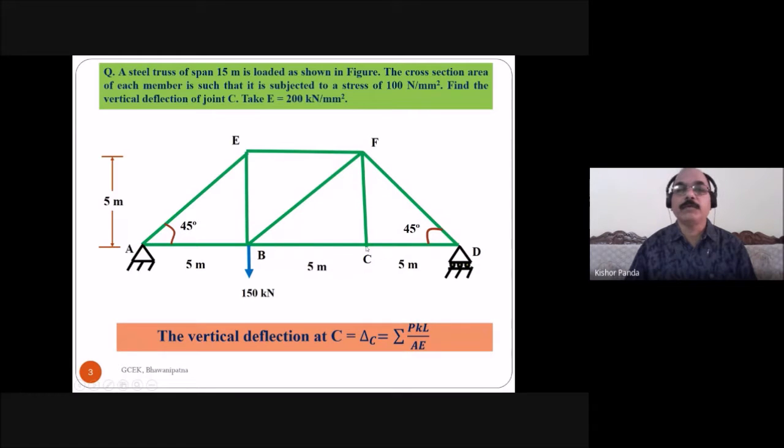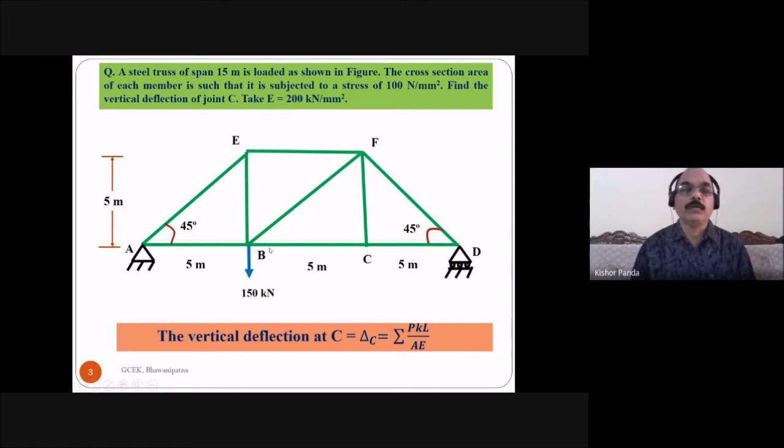And the angle between the CD member and the DF member is also 45 degree. One eccentrical loading is present at the point B, at a distance 5 meter from the support A and 10 meter from the support D. So this eccentrical loading is present here, and this is also an unsymmetrical truss.